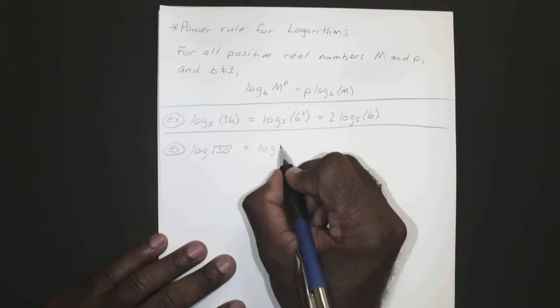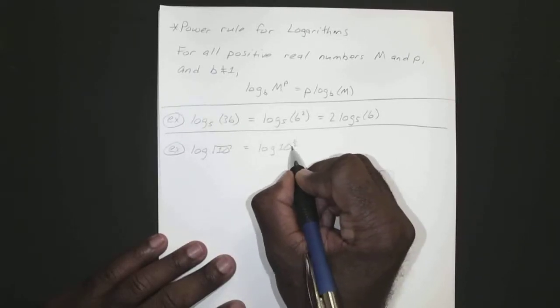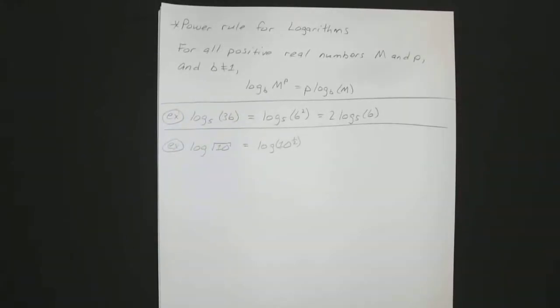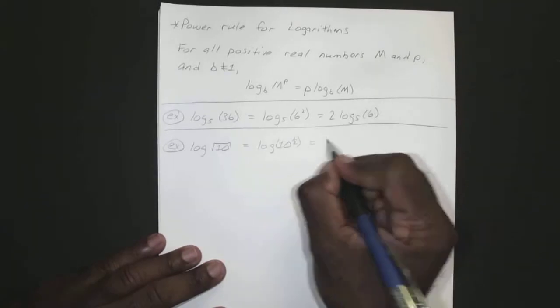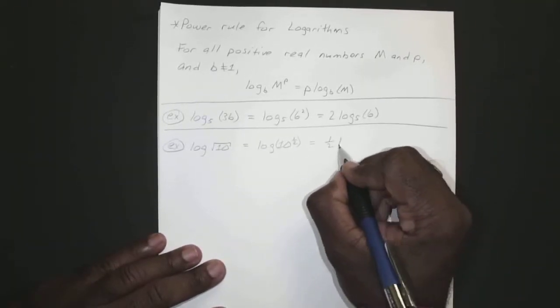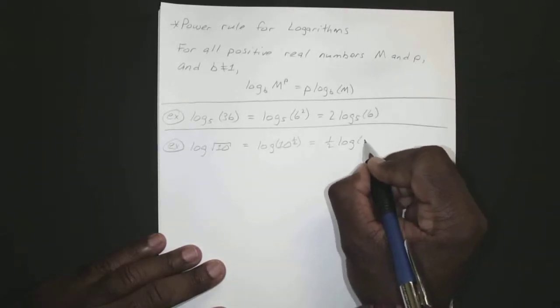We have log of 10 to the 1/2 power. Just converting that to a 1/2 power. So if we bring that down, we have 1/2 log of base 10.